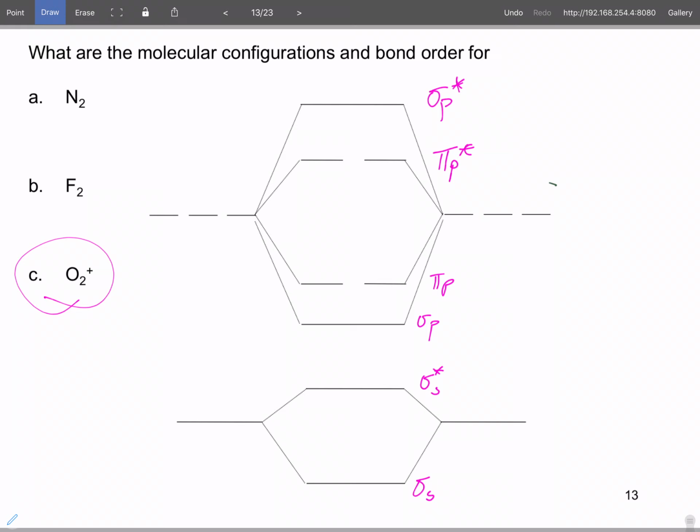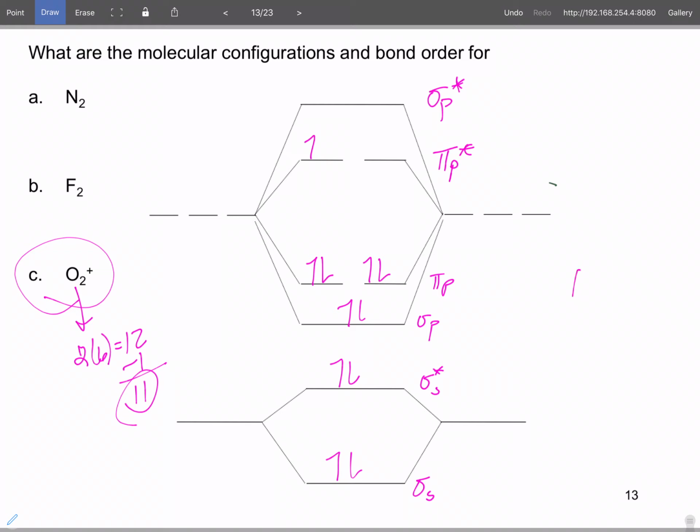So what we're doing here is we're counting electrons. So we have 2 times 6, which is 12. But we have a plus 1, so we're going to subtract it. So we only have 11 electrons. So we have 1, 2, 3, 4, 5, 6, 7, 8, 9, 10, 11.